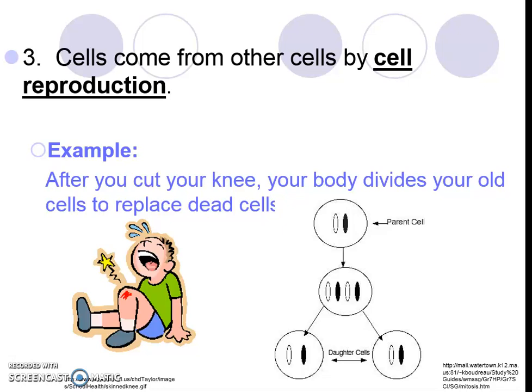Last but not least, we have cells come from other cells. They don't just pop out of nowhere. For instance, a cell will reproduce. If you cut your knee, which is no fun, your cells will make more cells to heal yourself. Cells come from other cells, so the nearby cells near the cut will actually reproduce and heal you.